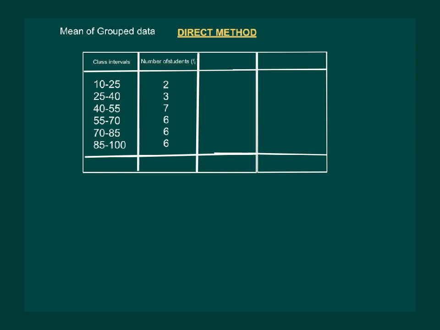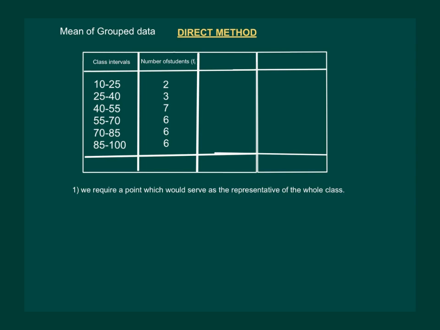Let us start with the method of finding mean of group data. The first one is direct method. We are given the class intervals and the corresponding frequency. Then how will we find the mean of this group data?